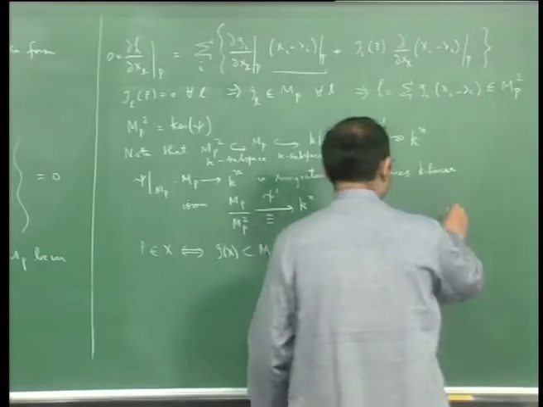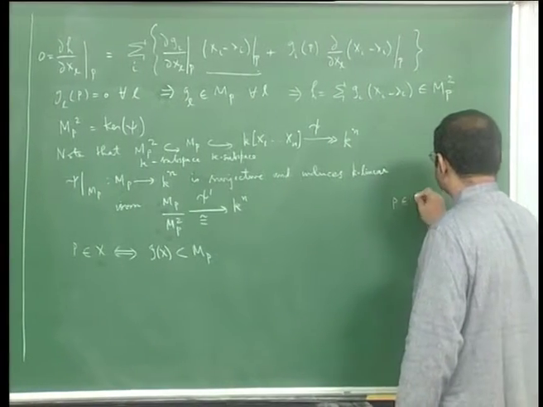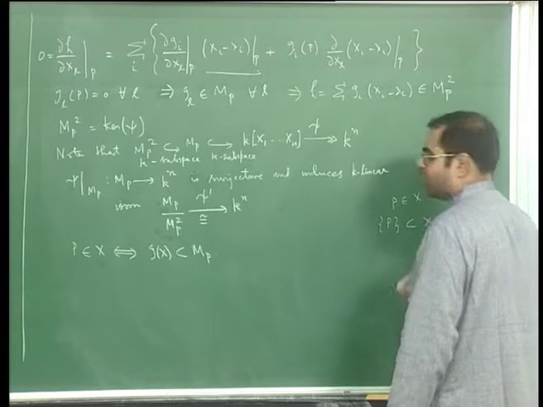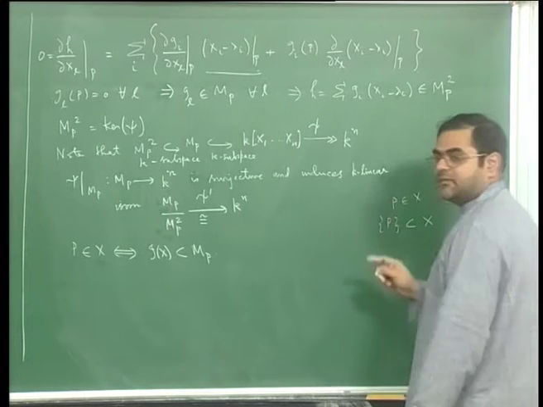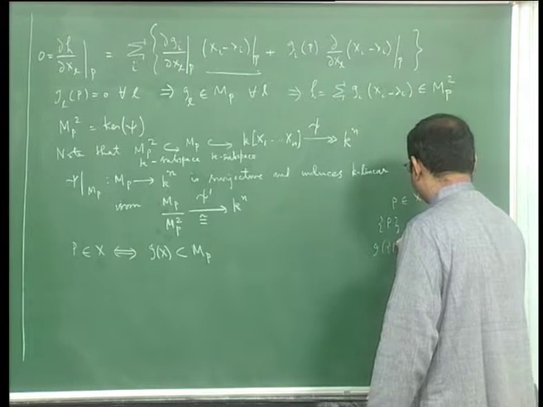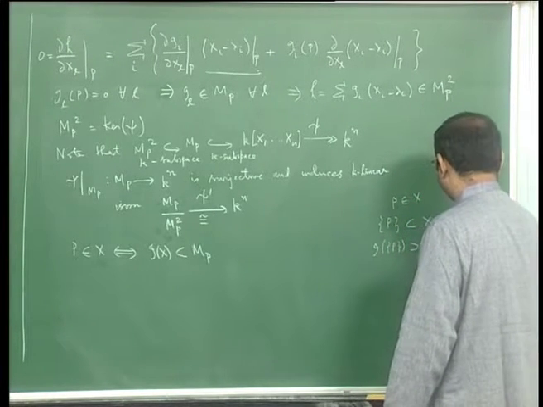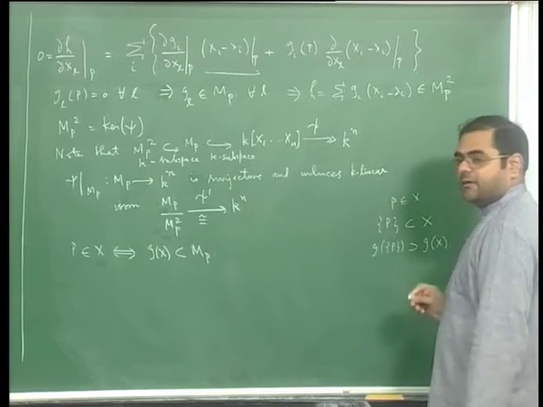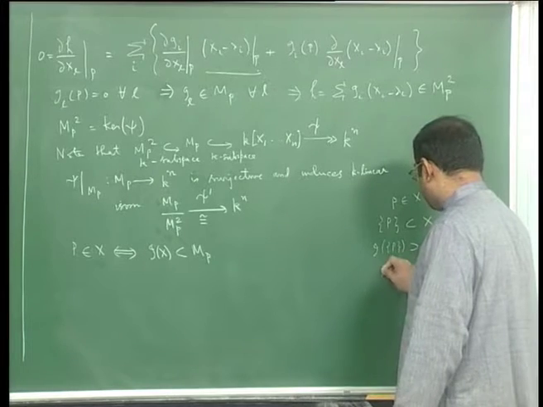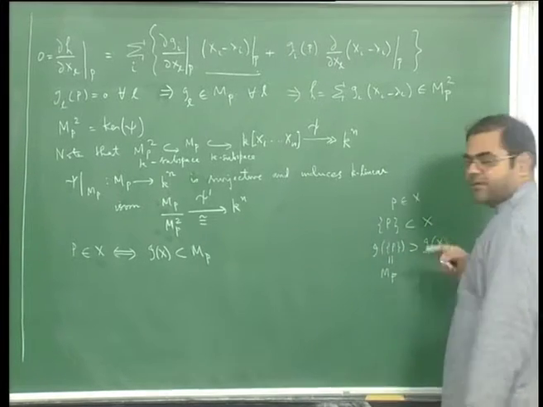So P is in X, so you are saying the subset P is a subset of X. You apply I to this, so you will get I of the point P contains I of X. But what is the ideal of the point? The ideal of the point is exactly MP, so MP contains Ix.